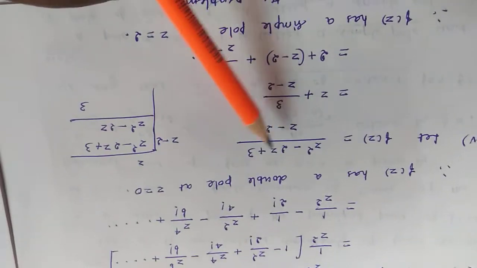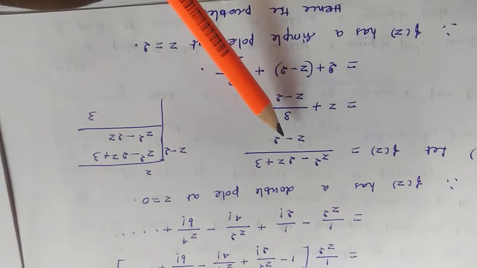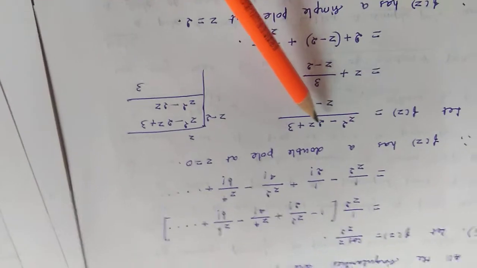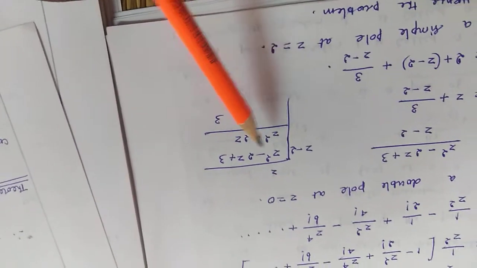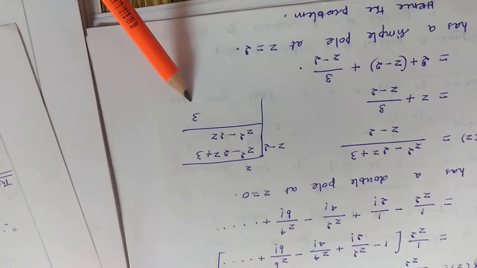And the fourth one is (z square minus 2z plus 3) by (z minus 2). Here we divide z square minus 2z plus 3 by z minus 2. Dividing, z square minus 2z gives z, and the remaining term is 3.